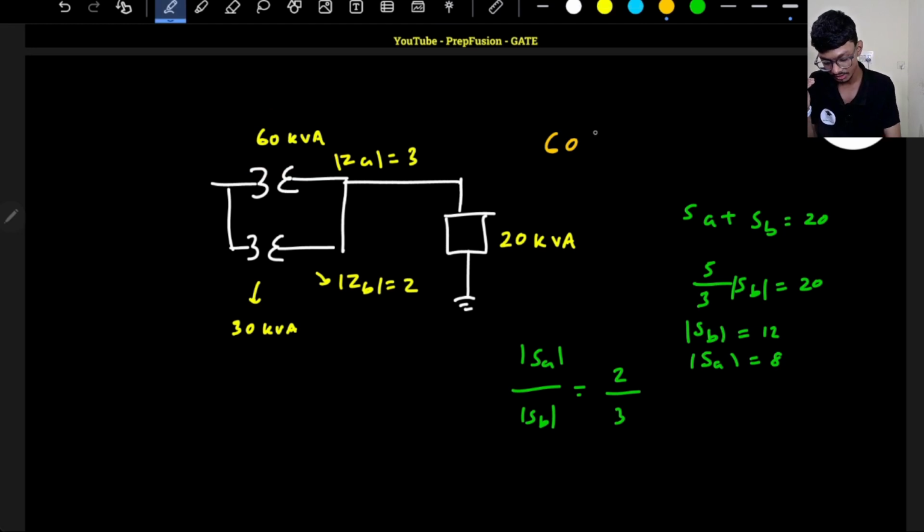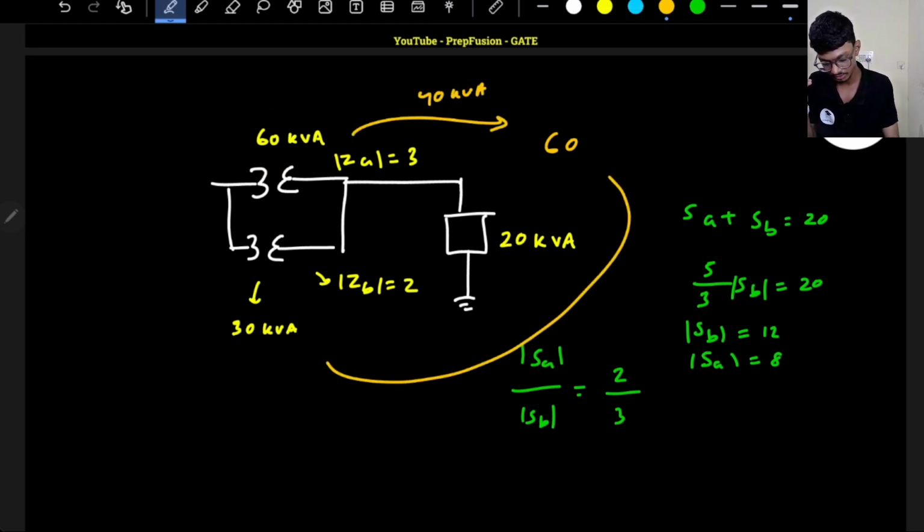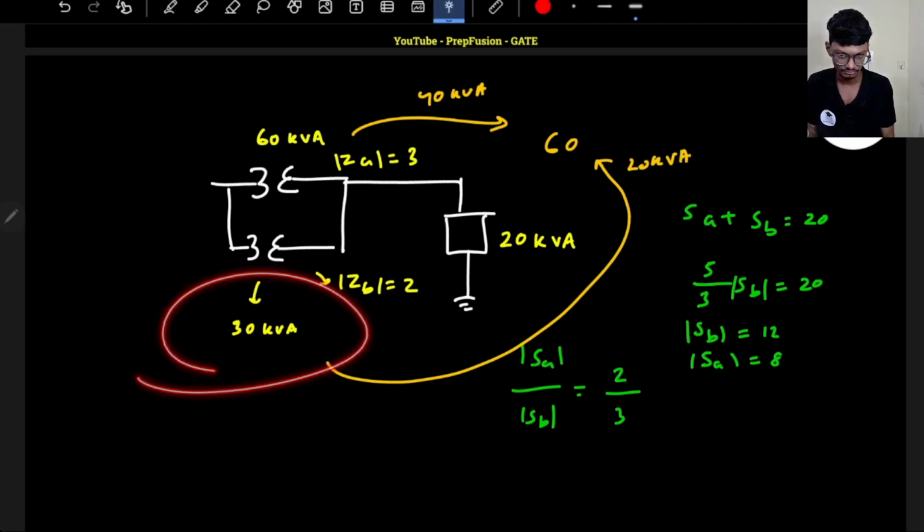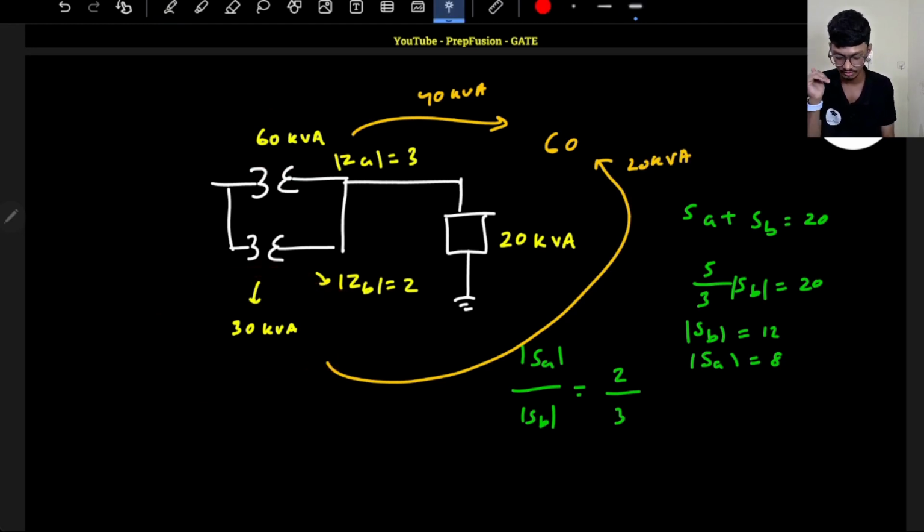So for 60, this one should deliver 40 kVA, and this one should deliver 20 kVA, because its rating is lower. So I want their power delivery to be in the ratio of their ratings.